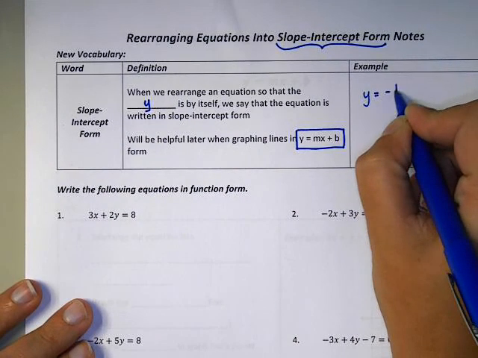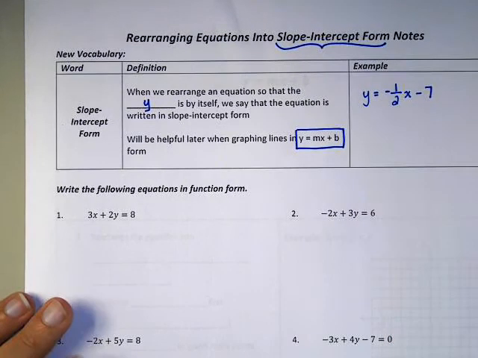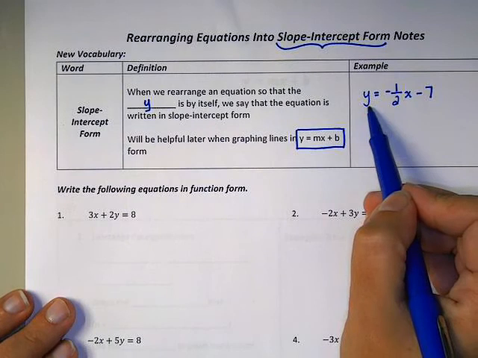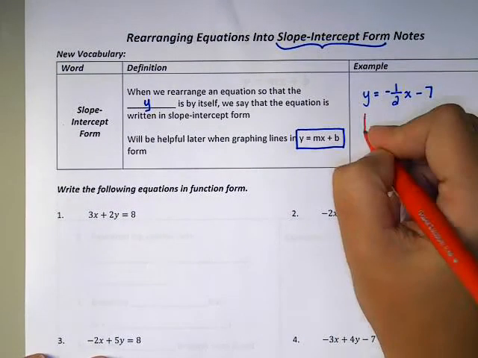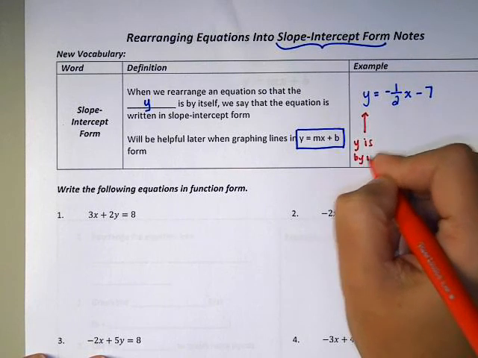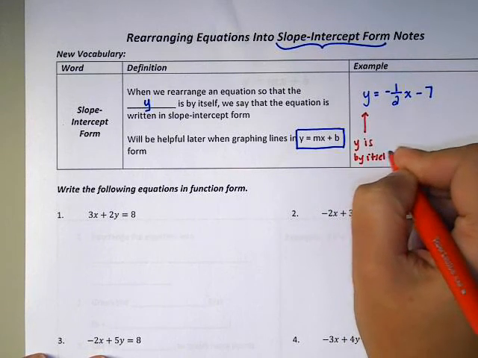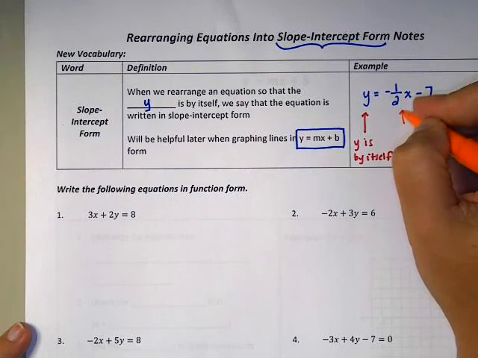Y equals negative 1/2 x minus 7. The y should be by itself. That's the first important piece here. The term that has the x should be first.